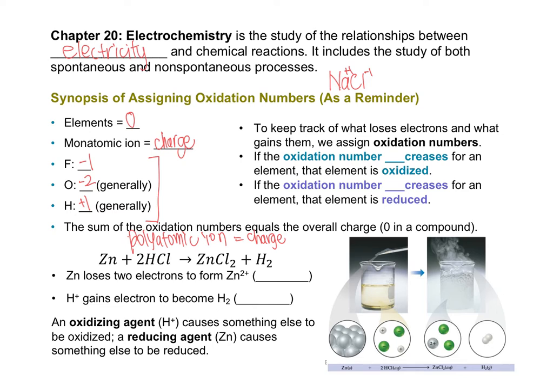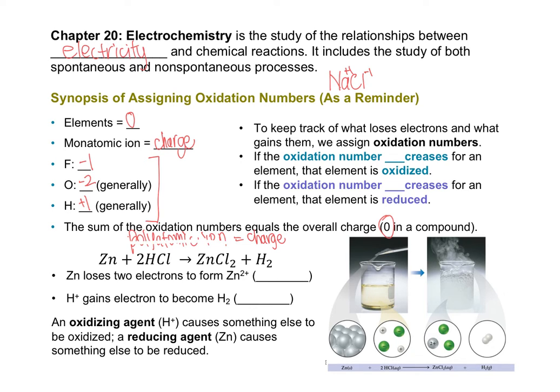If I have a neutral compound, then the sum of all of those oxidation numbers will equal 0, since it's uncharged. So that is something that hopefully you have learned, but maybe it's just been a minute since you've practiced it. So let's just practice here first.